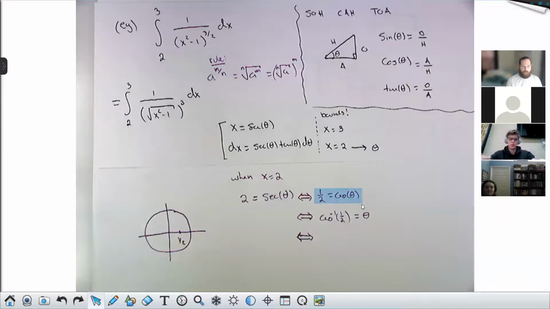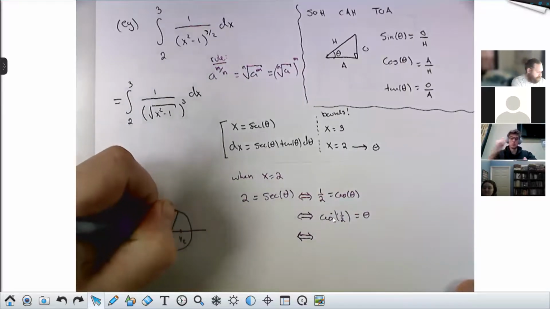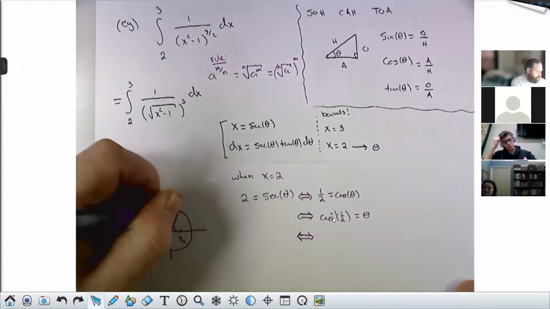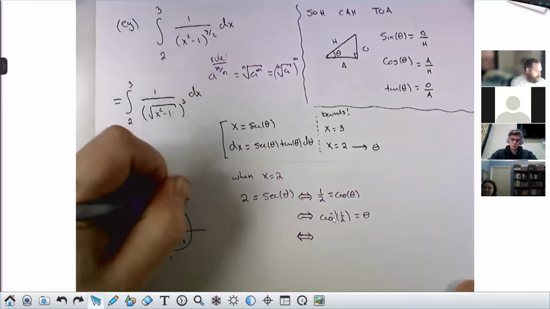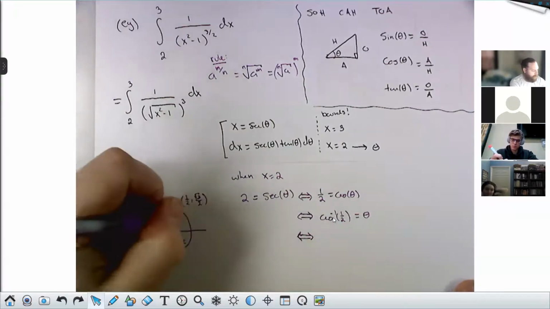The way you solve an equation like this is by thinking about the unit circle, or since you guys are allowed to use basic four-function calculators, basic whatever, TI-30X2S calculators, you can solve this by taking the inverse cosine of both sides. The angle here, where cosine is equal to 1/2, has terminal point 1/2 comma √3/2. That angle is pi over 3.